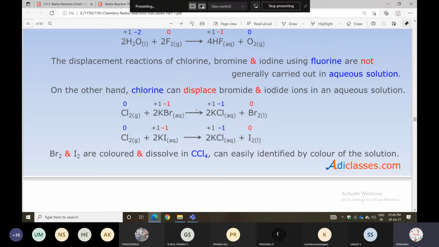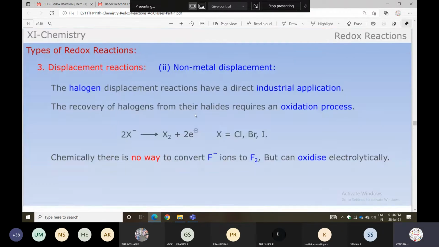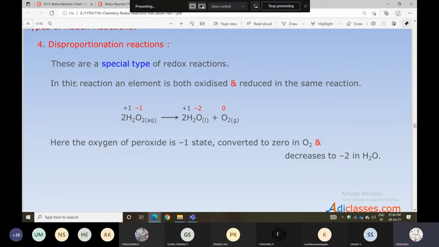The fourth one is disproportion reactions. These are a special type of redox reaction. In this reaction, an element is both oxidized and reduced in the same reaction.